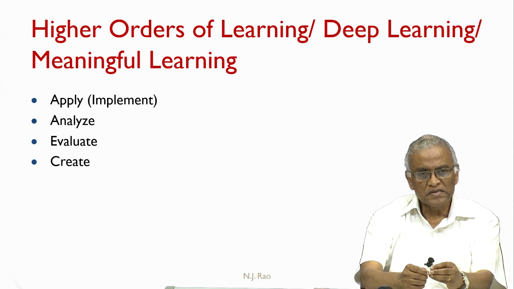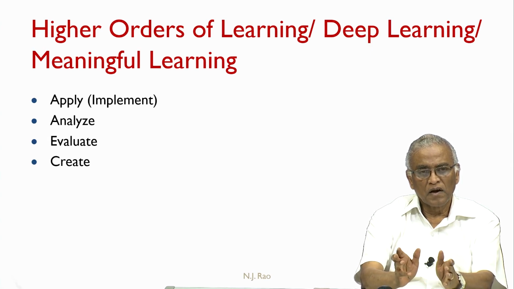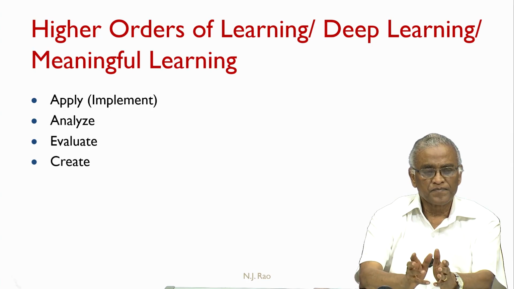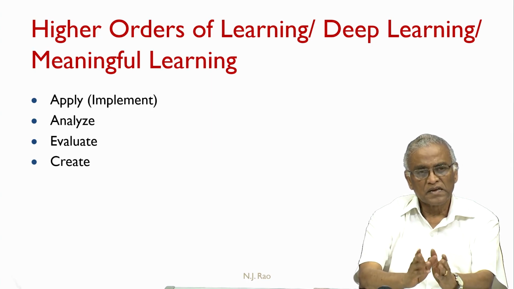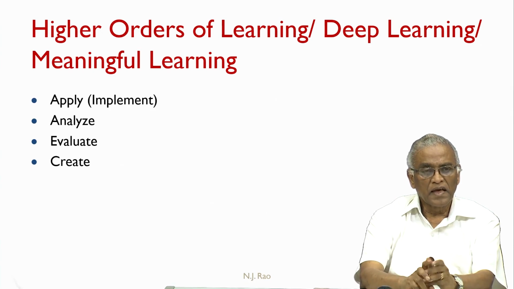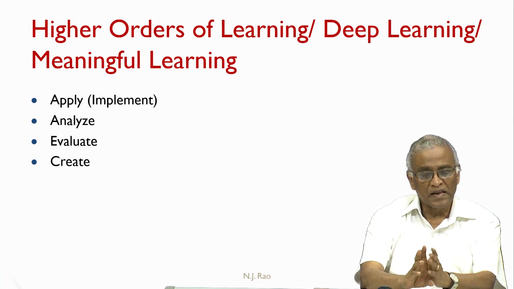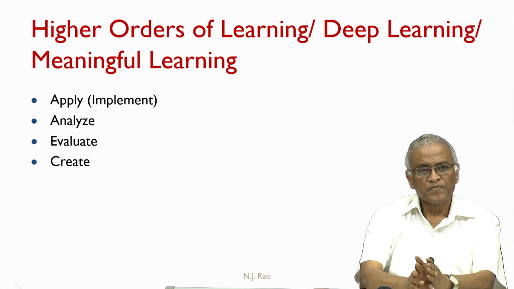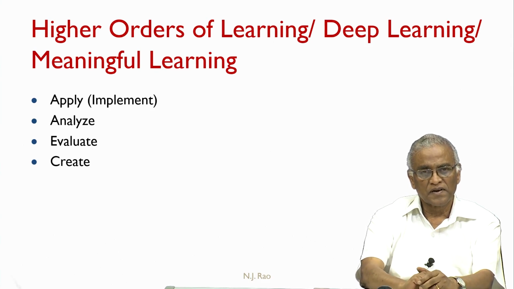And implement is slightly higher level than execute, because in implement you are required to make a decision which particular procedure you need to apply, and then apply the procedure. That is the reason why apply at implement level, analyze and evaluate, and create. These, you can say, 3.5 cognitive levels are generally referred to as meaningful learning or higher orders of learning or deep learning.